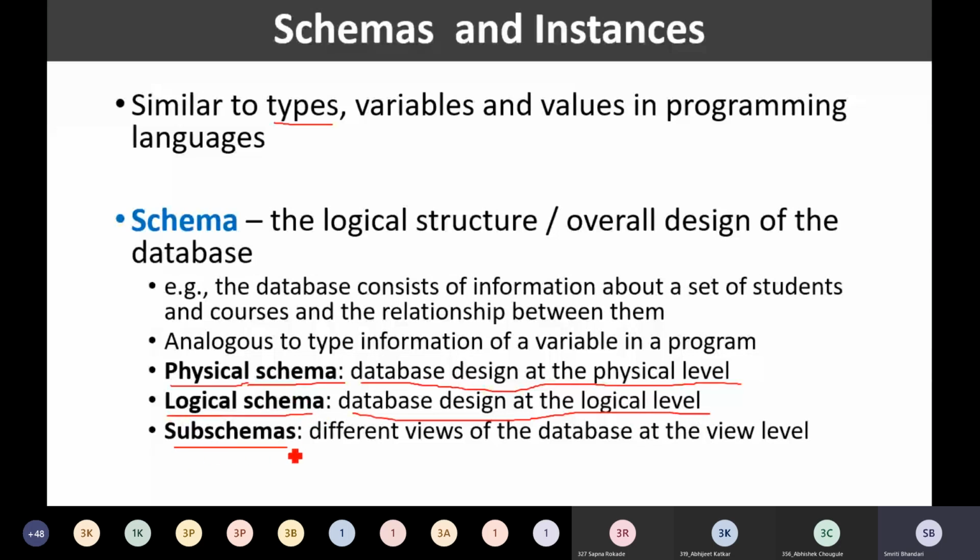And what are the sub-schemas? These are the different views of the database at view level. So physical level relates with physical schema, logical level relates with logical schema, and view level of data abstraction relates with sub-schemas. This is how we describe the schemas. Typically, schema is the logical structure or overall design of the database.